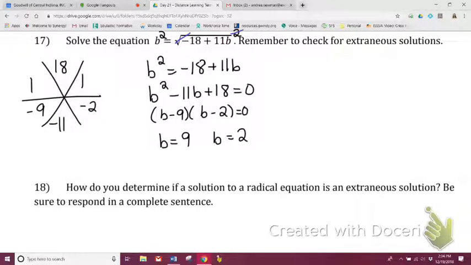Remember, anytime you get two answers, you need to check for extraneous solutions. So we have to take both of these numbers, go back to the original, and plug them in.